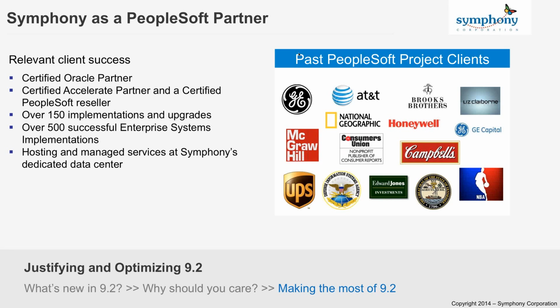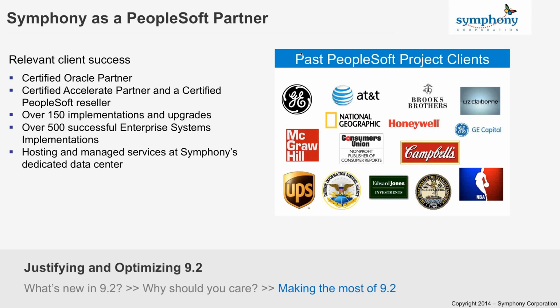Okay, I just want to give you a little bit of background about Symphony. We are a PeopleSoft or Oracle partner. We're certified in implementations, and we're also an Accelerate partner, meaning we do these implementations extremely rapidly.